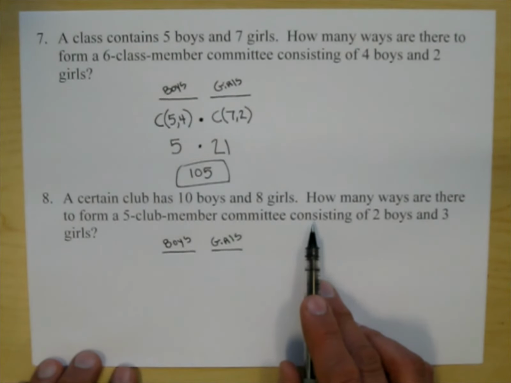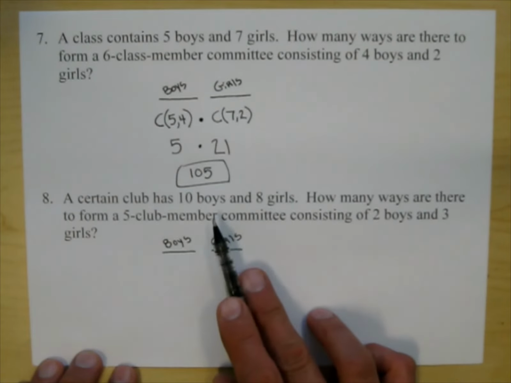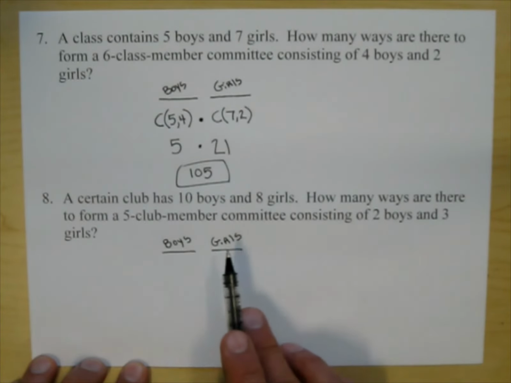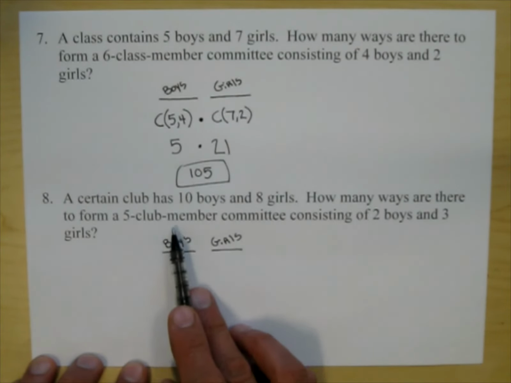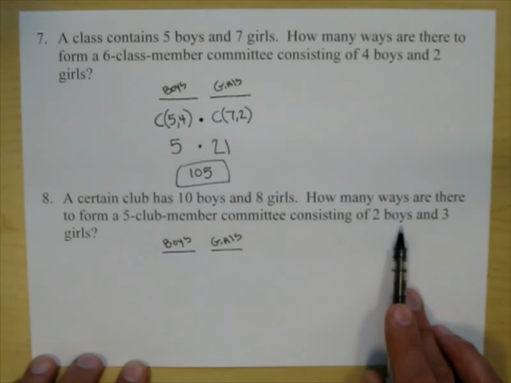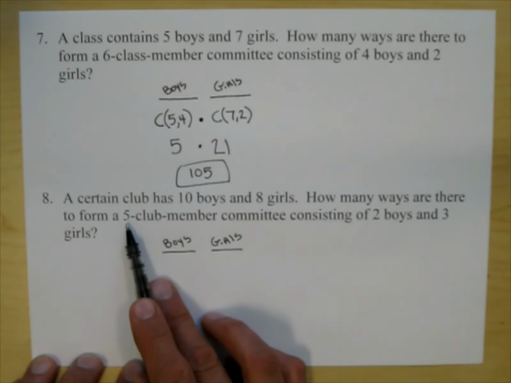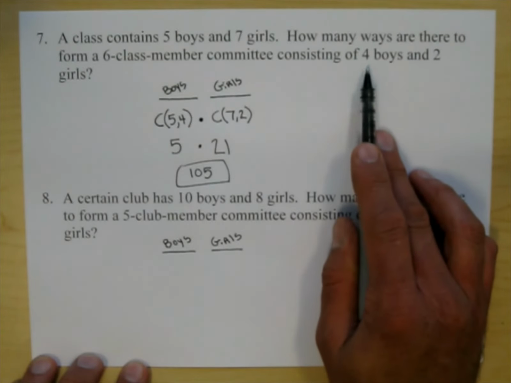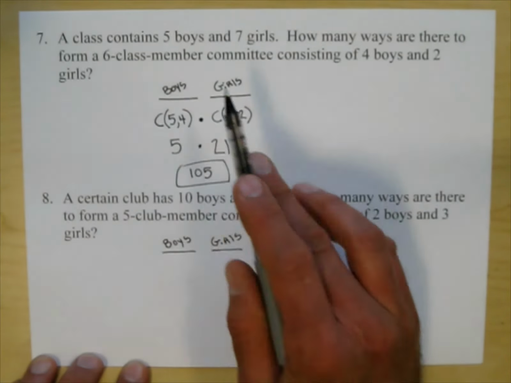You have 4 boys. There I go again, saying 4 boys. What is up with that? 10 boys and 8 girls. How many ways are there to form a 5-club member committee consisting of 2 boys and 3 girls? Notice we'll never use that 5 because those guys add up to 5, just like the 4 and the 2 add up to 6 up there.